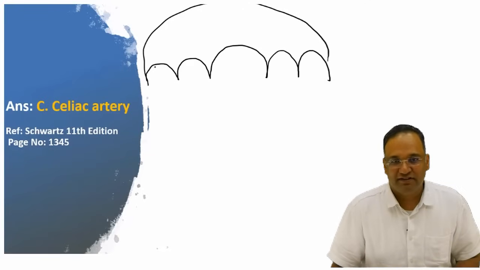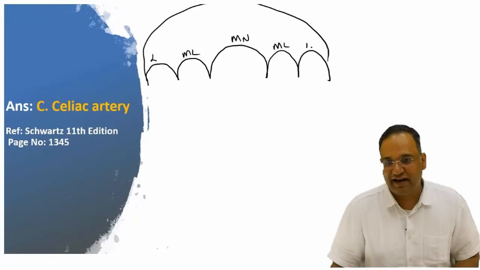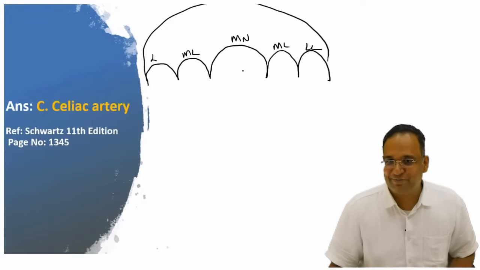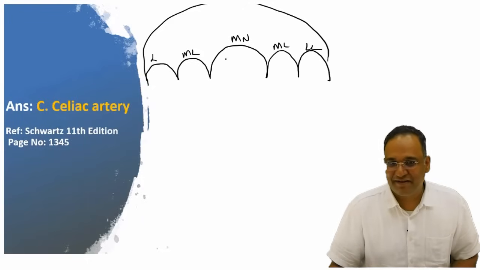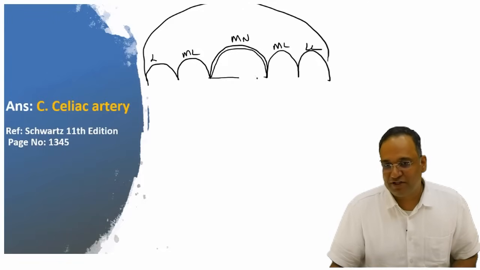This is lateral, this is medial, this is median, and this is medial, and this is lateral. So 2 medial will join to form the median. And the floor is formed by the vertebra. What vertebra? T12 vertebra. Yes or no?